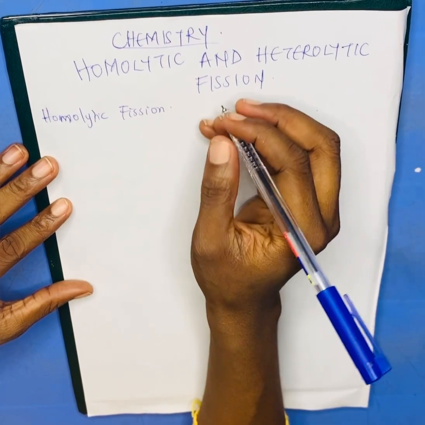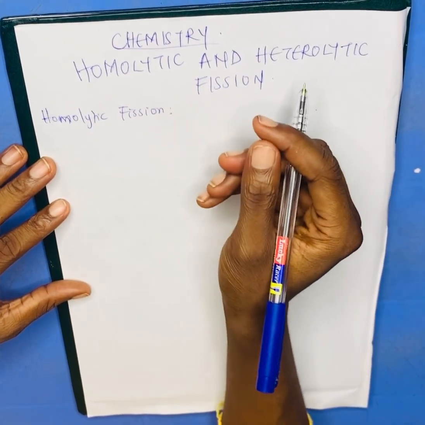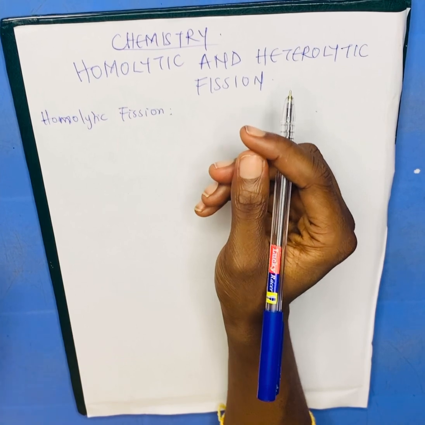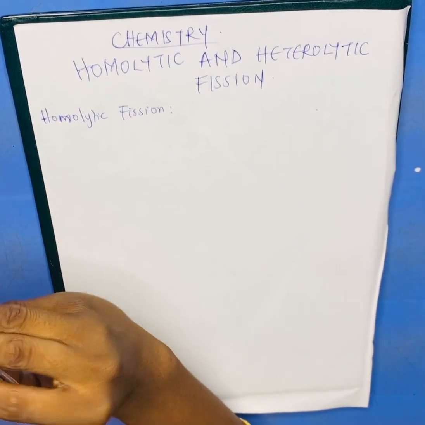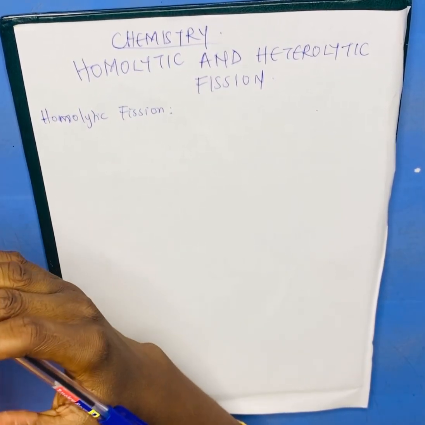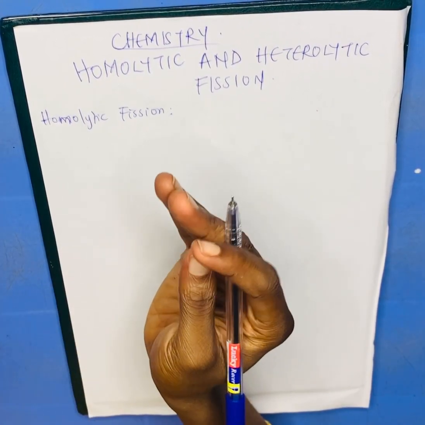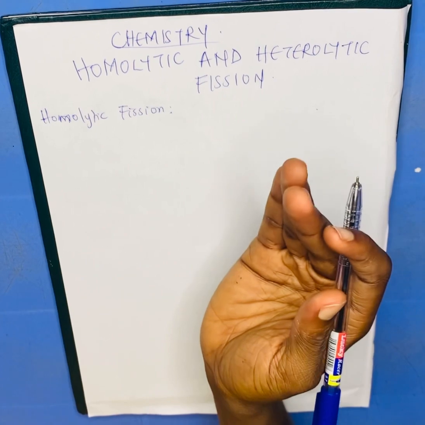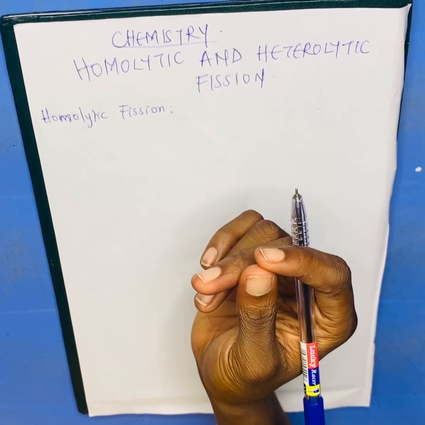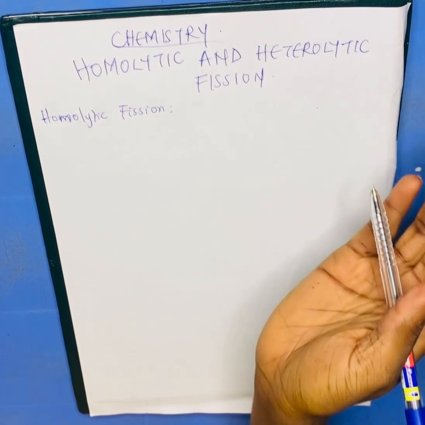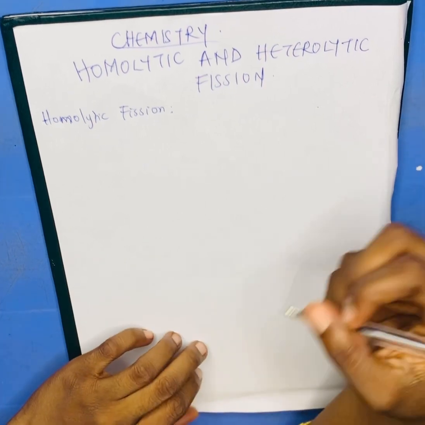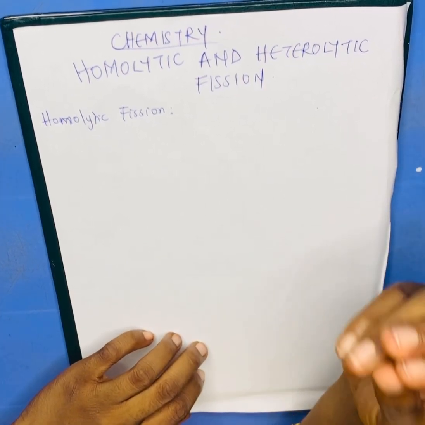It is a type of fission between two atoms. We have a particular compound that contains two atoms, and both of them have similar electronegativity. So the electronegativity of the atom A making up the compound and the atom B also making up the compound is similar.